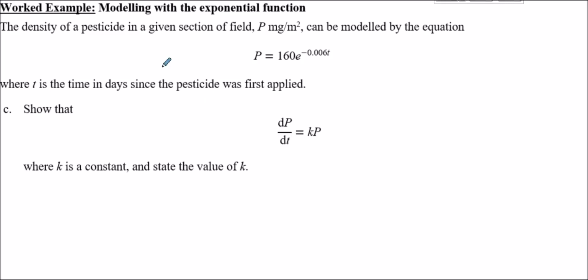Part C, show that the derivative of p with respect to t, dp over dt, is some constant multiplied by p. So all we need to do now is just to actually compute the derivative, dp over dt. And the way we do that is, remember, the power of the exponential stays exactly the same, but when we differentiate, the coefficient of the variable drops down to the front and multiplies this coefficient at the front.